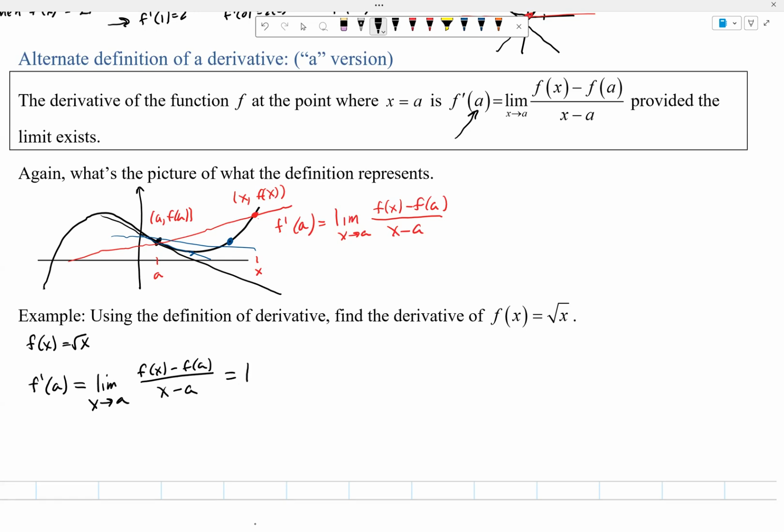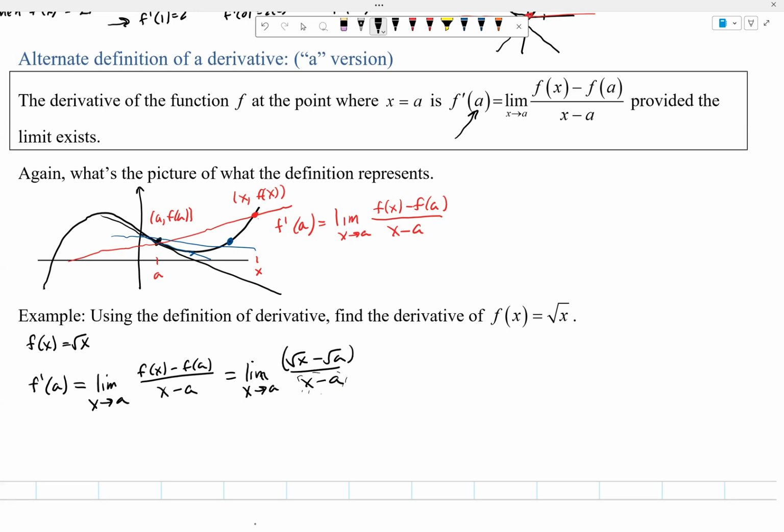And for this particular version, this is square root of x minus the square root of a over x minus a. Now, I can try to apply the limit here. I can replace every occurrence of x with a, but then I get a minus a in the bottom here, which would be a divide by 0. So I really can't do that.